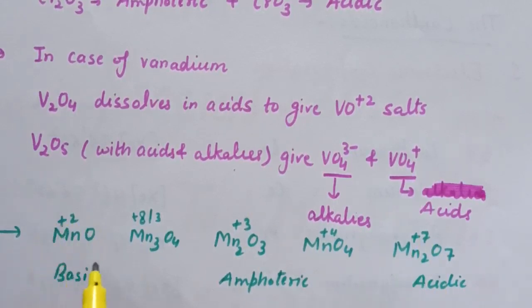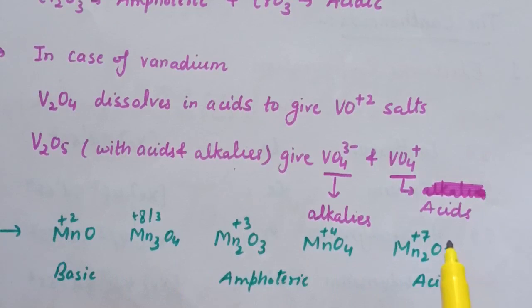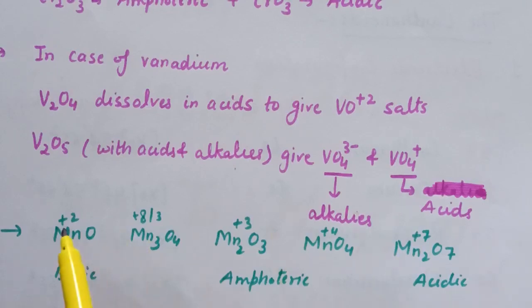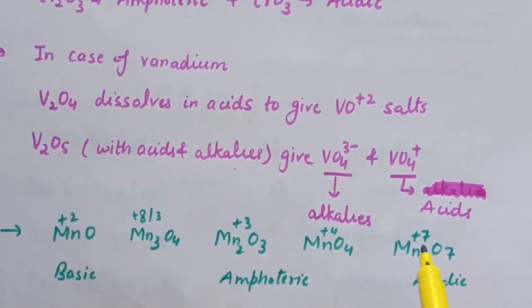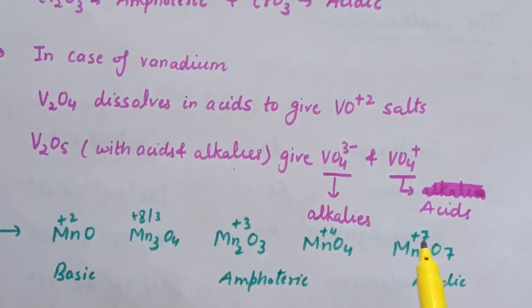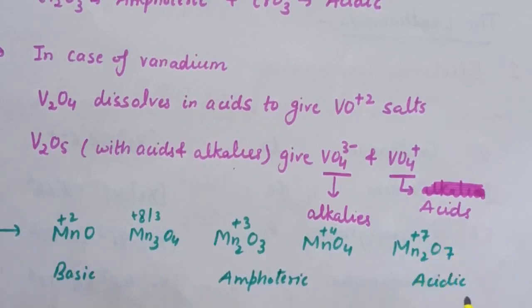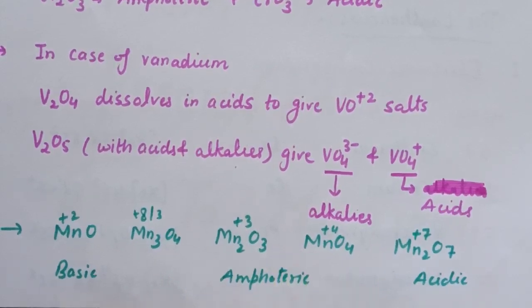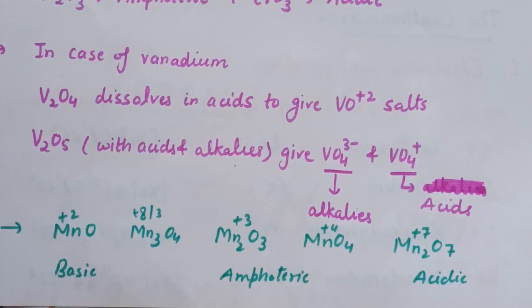MnO has a low oxidation state, +2, and is basic in nature, while Mn2O7 has the highest oxidation state, +7, and is acidic in nature, whereas the three intermediate oxides of manganese are amphoteric. So this is all about oxides and oxoanions of metals.